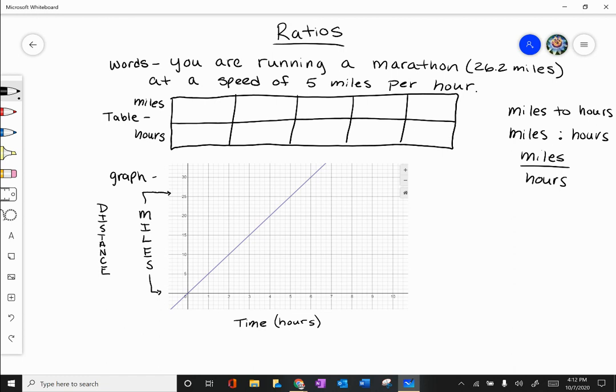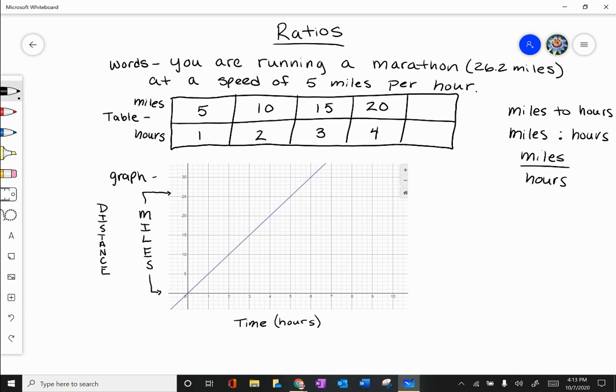So if we're going 5 miles per hour, how many miles did we travel in 1 hour? Well, if we're doing 5 per hour, in 1 hour we'd go 5 miles. In 2 hours, we'd go 10 miles. In 3, you'd go 15. So how long would it take us to finish this marathon at this 5 mile per hour pace?